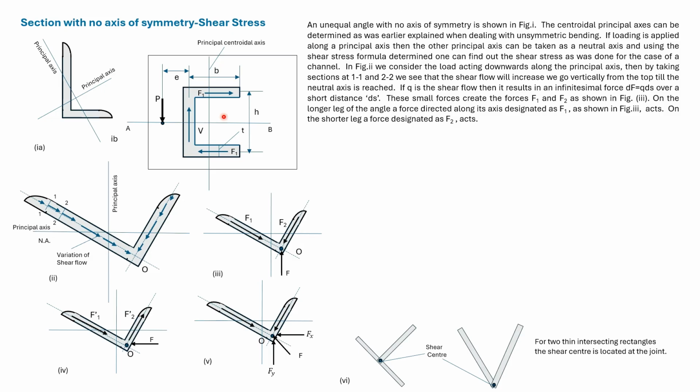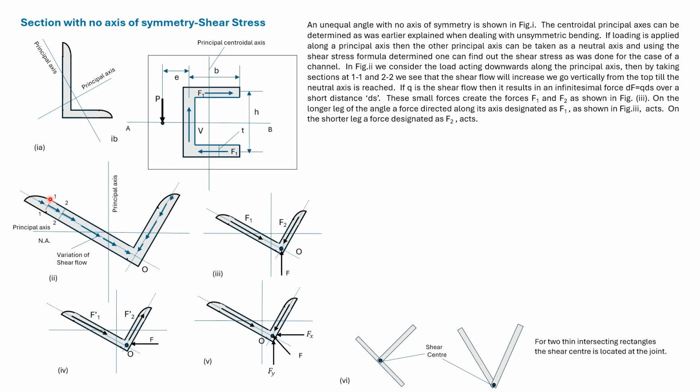To find shear flow in section 1-1, we consider the statical moment of the area of this portion. To find the shear flow at section 2-2, we consider the statical moment of area of this larger portion. In this manner, we can find the shear flow along the length of the two legs.